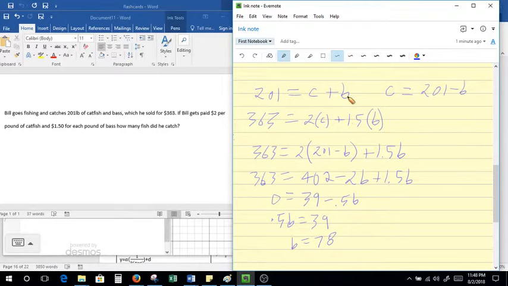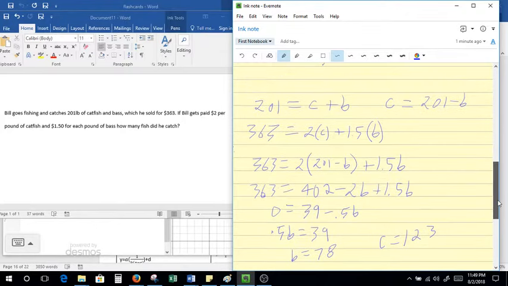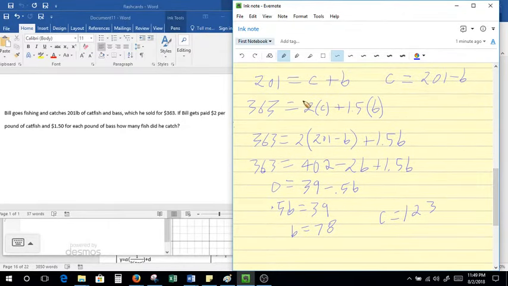If b equals 78, and both of them add together equals 201, we can just subtract 78 from 201, and we'll get that C equals 123. And we can check that work by plugging it into this one. So let's just throw that into our calculator. 123 times 2 is going to be 246.